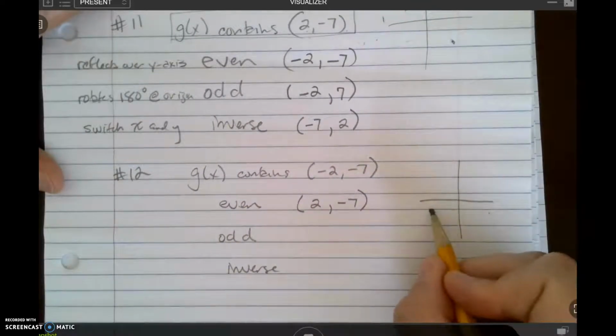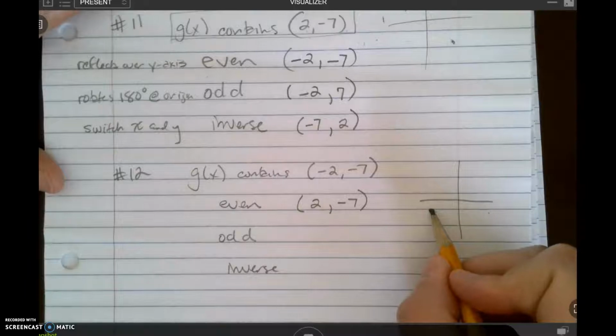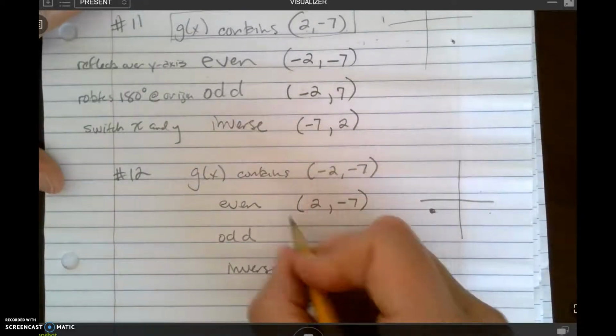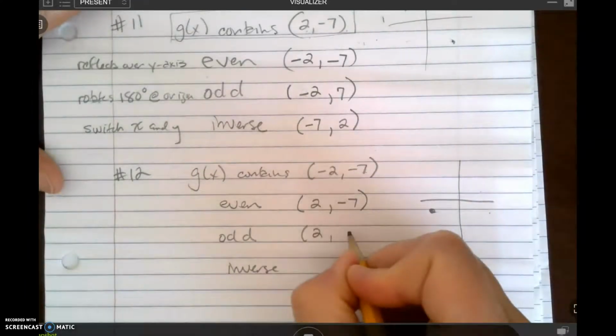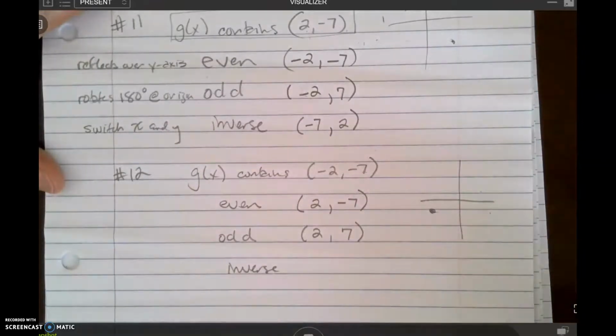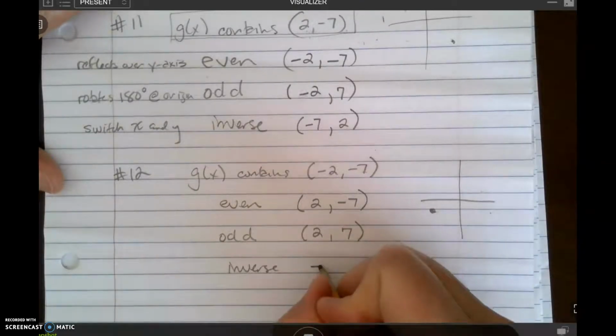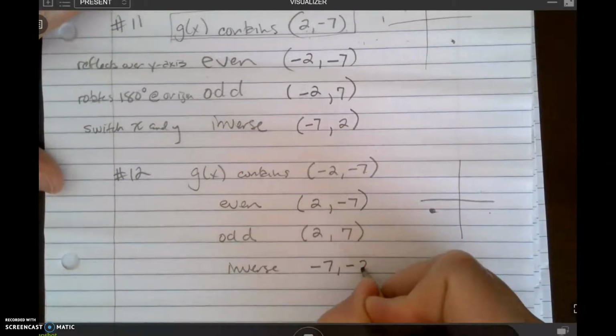If it's odd, it goes 180 degrees around the origin, and so I'm going to move from here to here. Both x and y change, so it becomes (positive 2, positive 7). And for the inverse, I switch x and y, so I get (negative 7, negative 2).